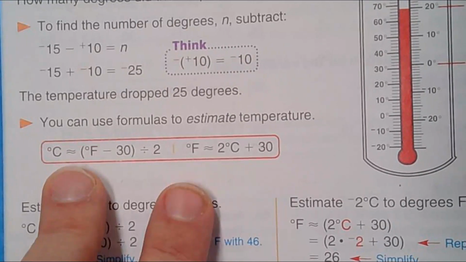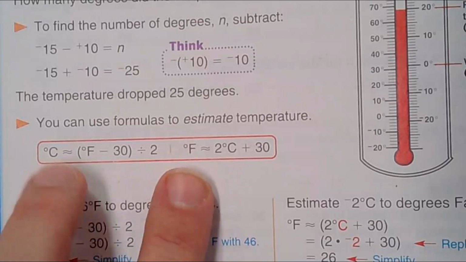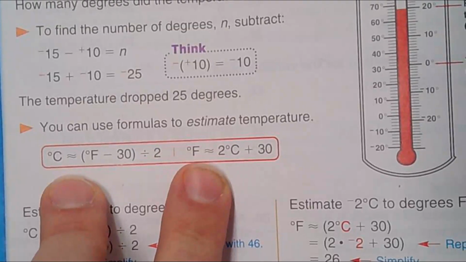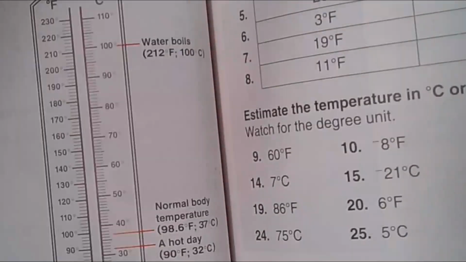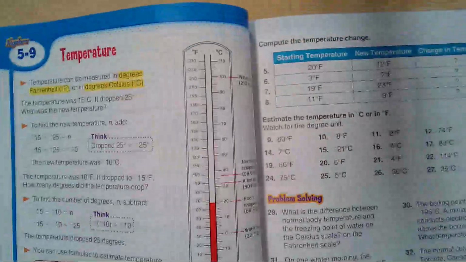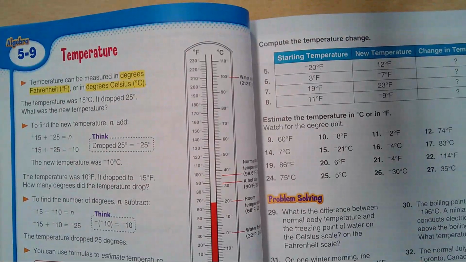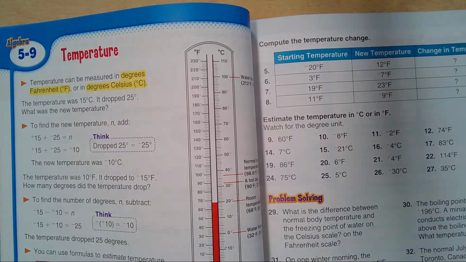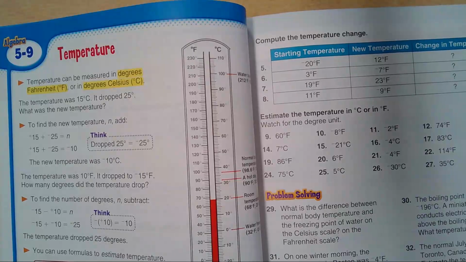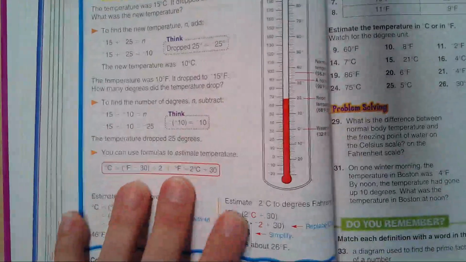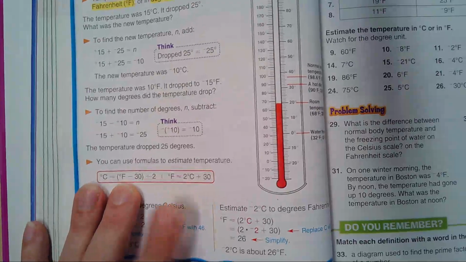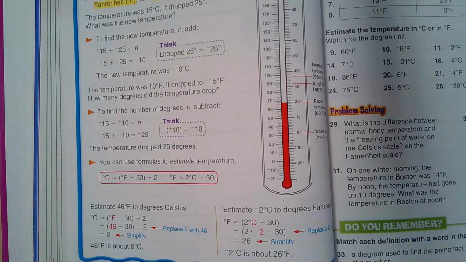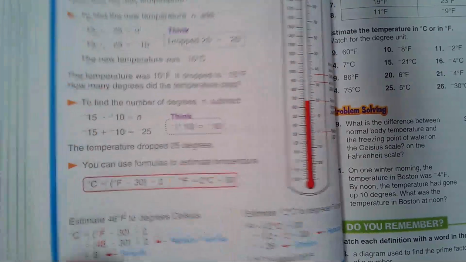But for those paying extra close attention, this is not exact. So when we figure out what 60 degrees Fahrenheit is in Celsius, the answer will be close, but not exact. And that's all right. You won't see those symbols much, at least in middle school. They mean about, or close to, or estimate.